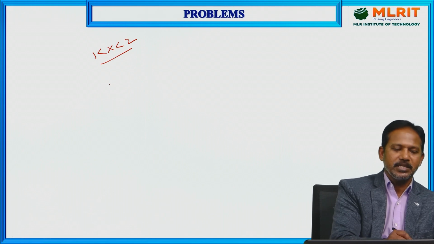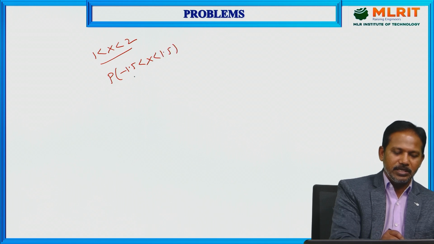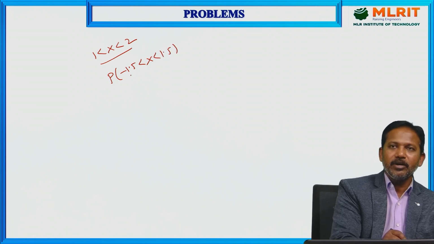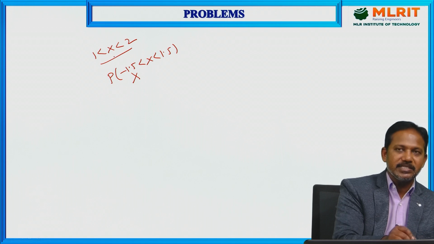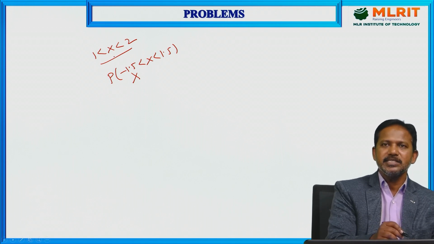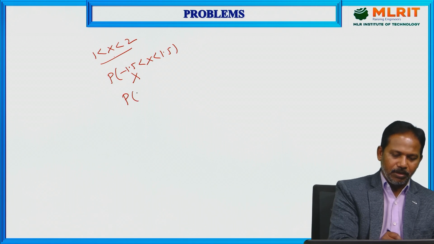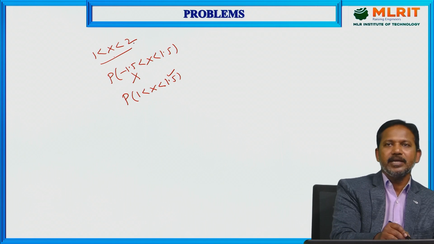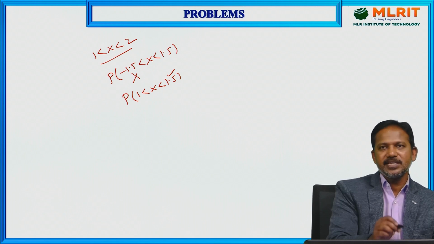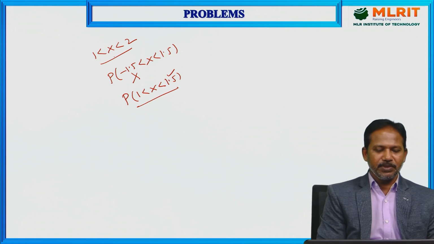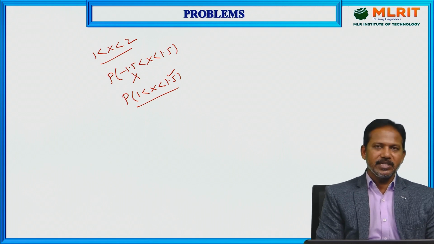But now he is asking to find the probability of minus 1.5 less than x less than 1.5. See here, this minus 1.5 is not existing in this range. My range is occurring from 1 onwards. So I can write p of 1 less than x less than 1.5. This is the correct one. Why? Because my upper limit will be taken as 2, so this 1.5 is less than 2 only. I can write this one, that is p of 1 less than x less than 1.5.